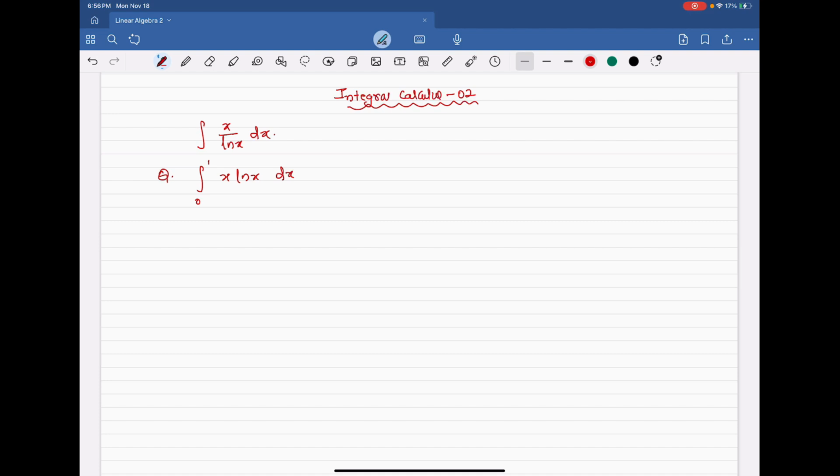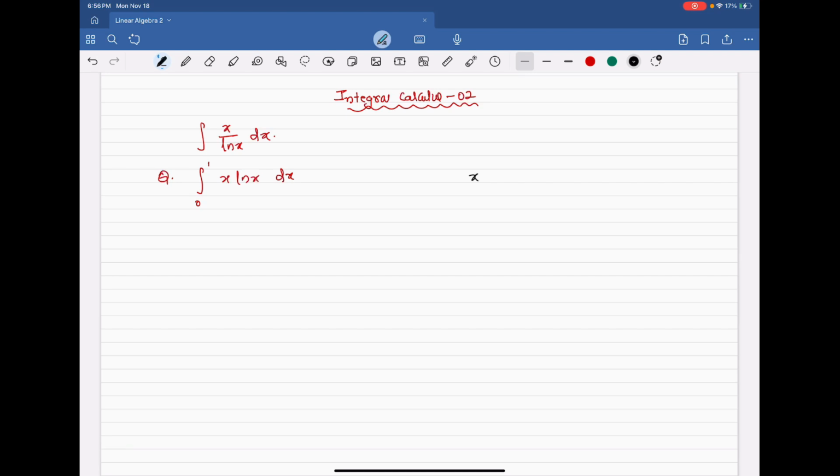In the same similar fashion, we'll put the value of x as 0. Otherwise, we can put x as minus 1, minus 0.5, 0, plus 0.5, and plus 1.